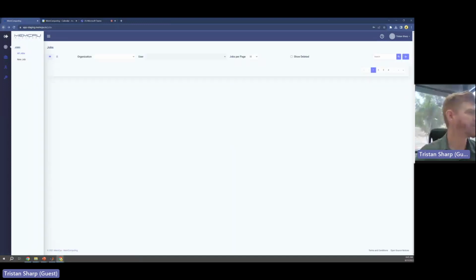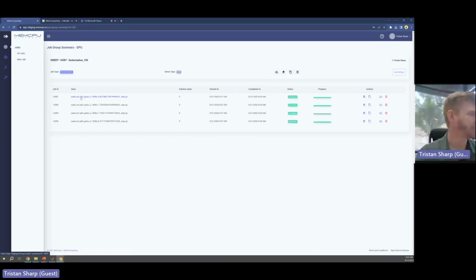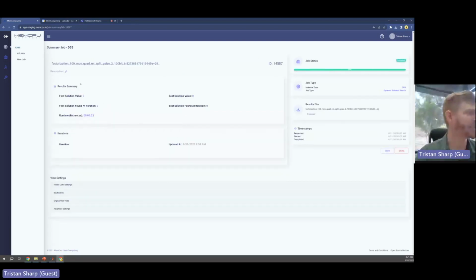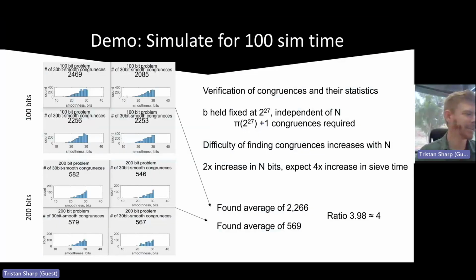And if we go back to a 100-bit problem, the runtime on that GPU was 1 minute and 22 seconds. So the times are essentially the same. And you can see that the rate of the congruences is going up, even in the short term.